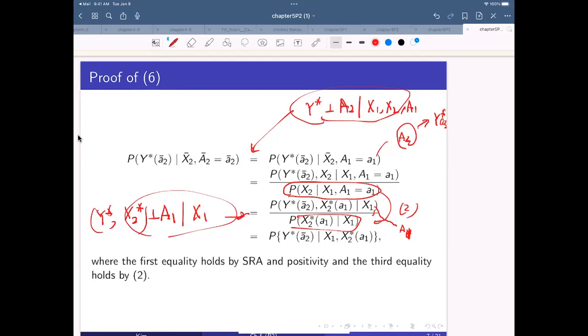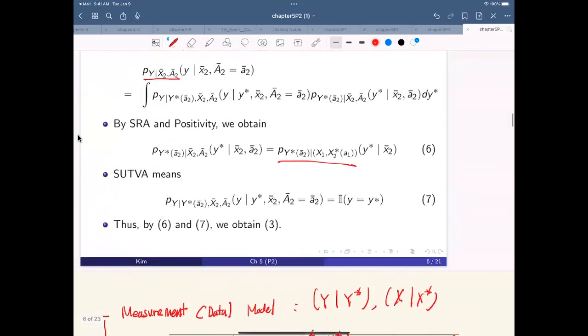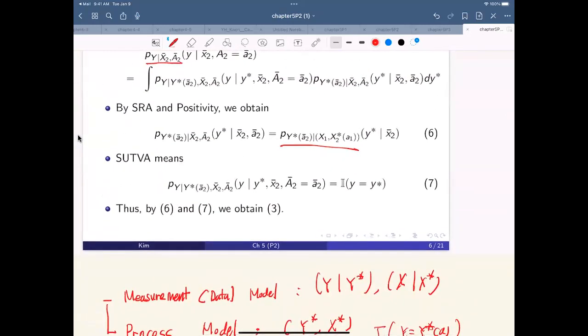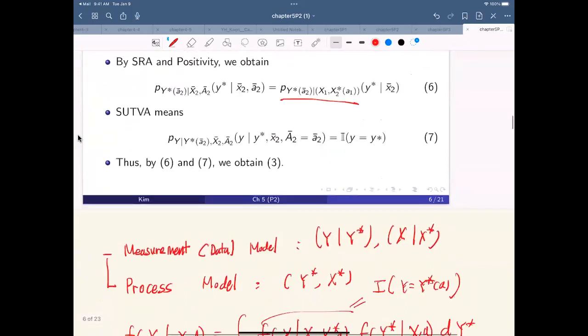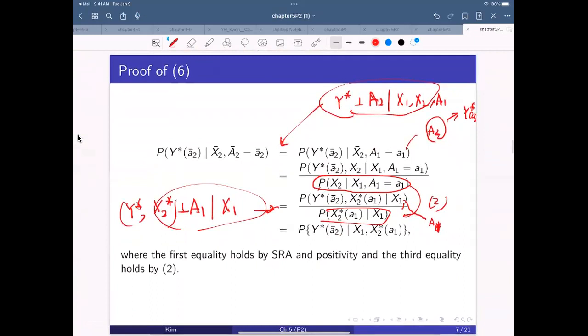Remember last class I tried to just say that, but then there was some confusion, right? And I sat down in my office and worked out the details, and then eventually saw it intuitively.